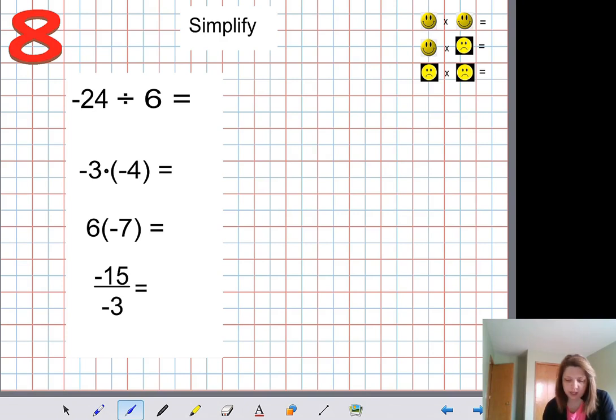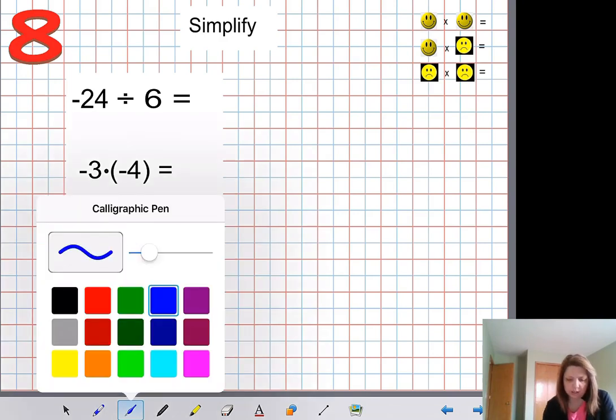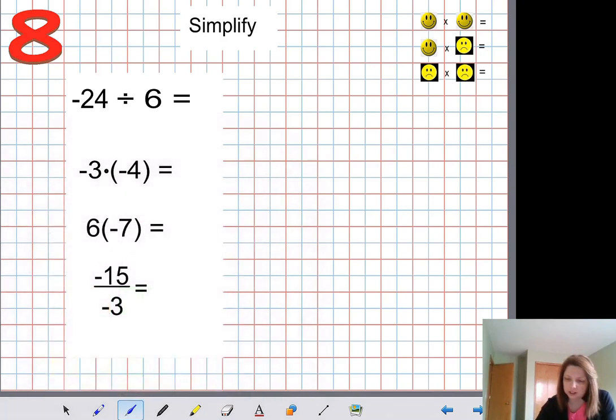If we multiply negative numbers, the answer is again positive. So right here, we will get positive, and right here, we will also get positive. The only thing you have to remember is when you multiply or divide one positive and one negative, so only with multiplication and division, they both have a different sign, then the answer will be negative.